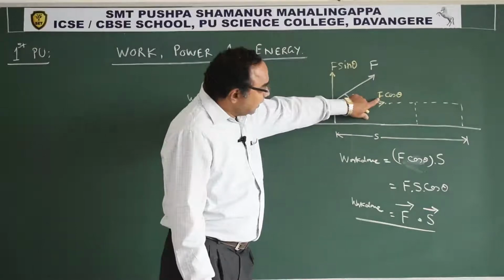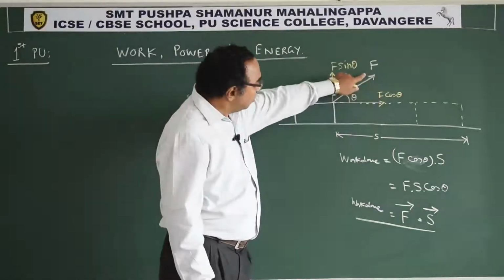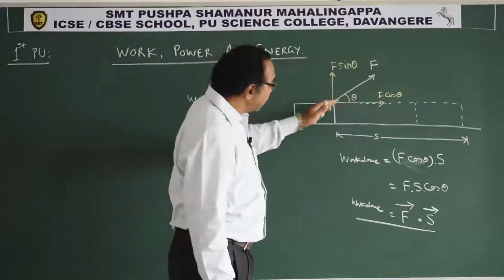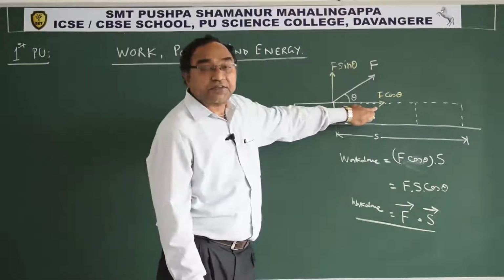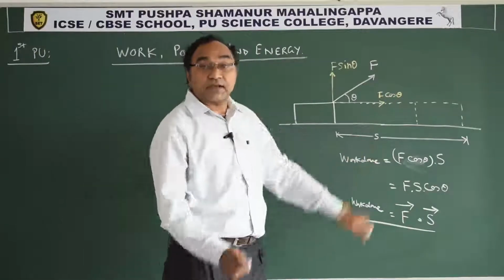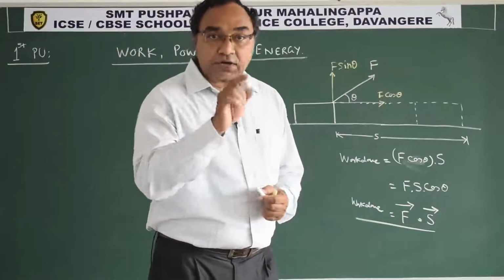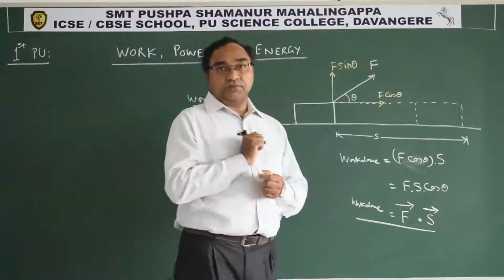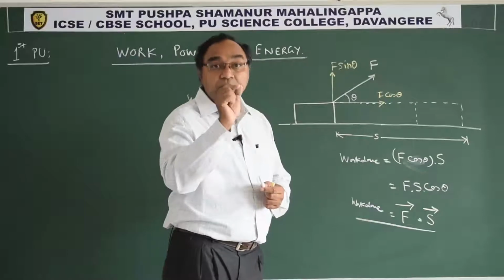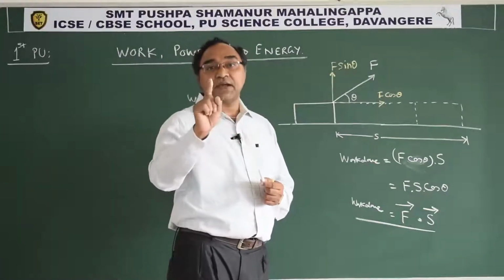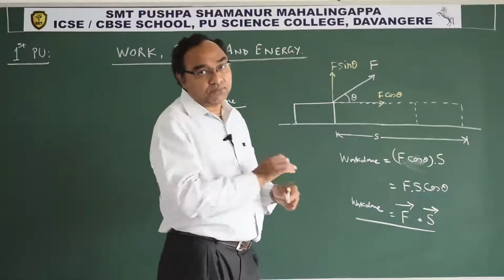Observe, F cos theta we have taken, although F is acting this way at an angle, but F cos theta is acting in the direction of displacement. That is why we define work done as the product of force and the distance traveled by the body in the direction of the applied force.